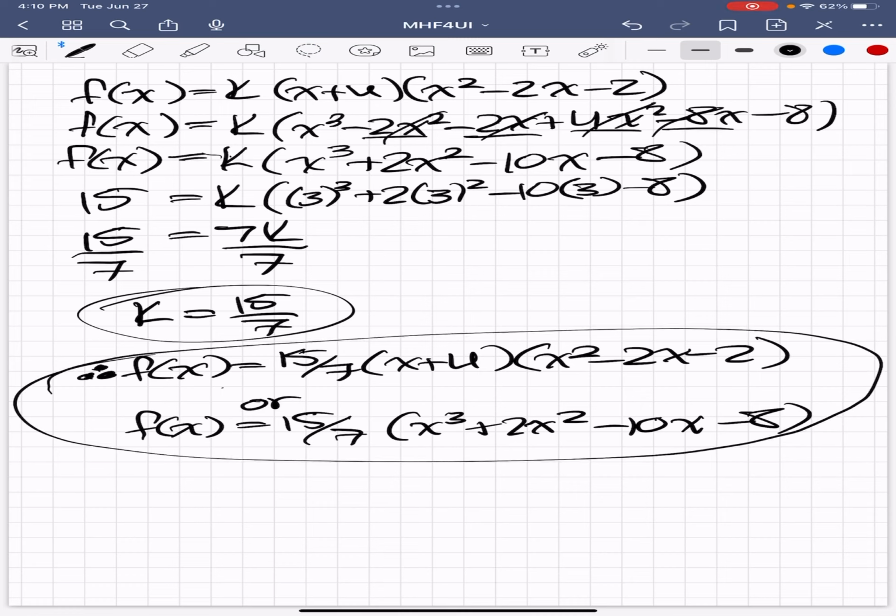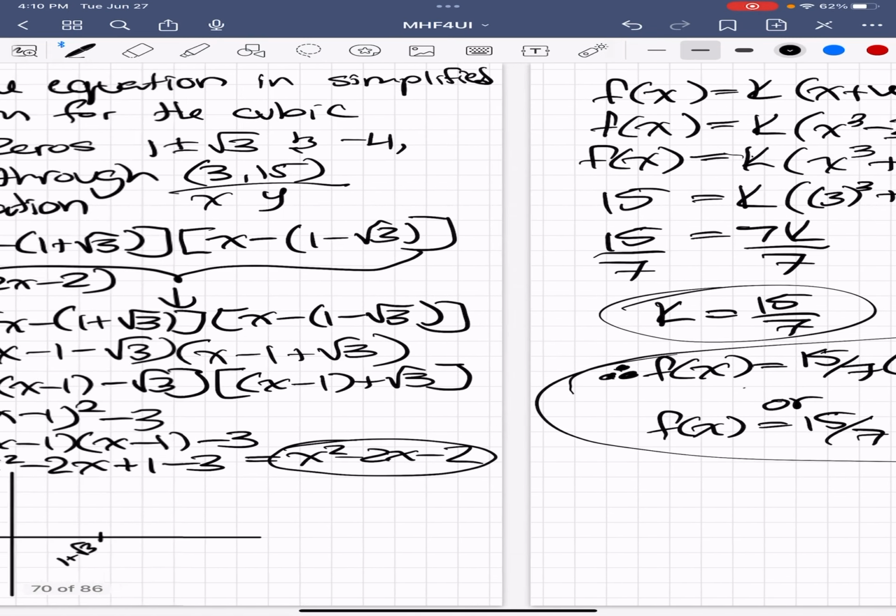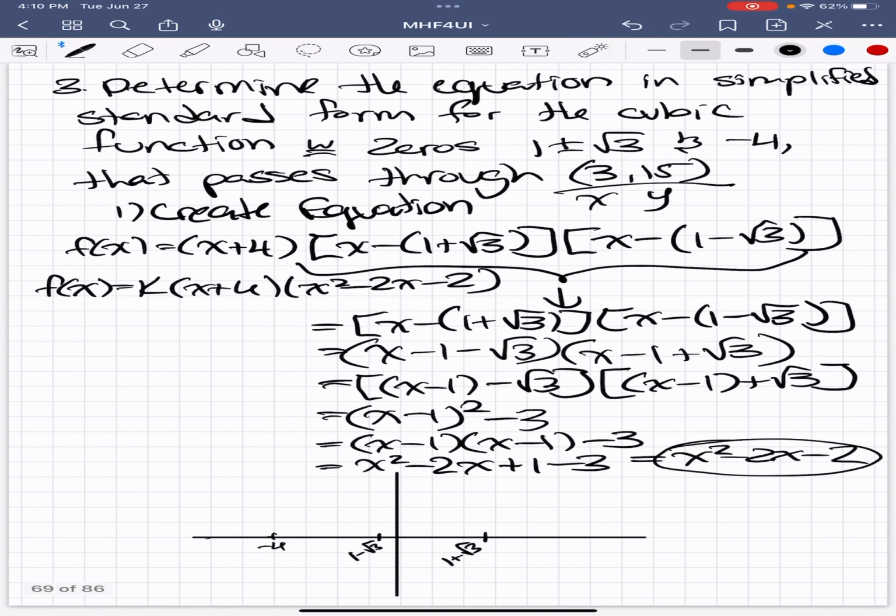So there you go, you have the official equation for the polynomial. And we're going to have to graph it with an extra point. One minus the root of 3 is around negative 0.7. And 1 plus root 3 is around 2.7.